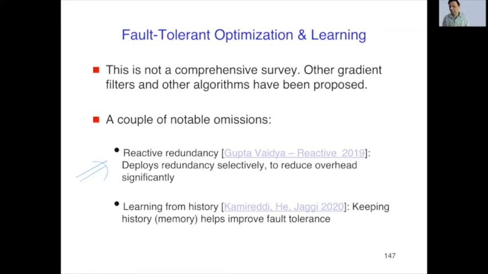Because in most systems, most likely there is no bad behavior at all, or the number of faulty agents may be quite small, even though we maybe wanted to tolerate a larger number of bad agents. And this reactive redundancy idea basically says that some combination of detection mechanisms and the ability to deploy extra redundancy dynamically can improve the overhead of achieving fault tolerance.